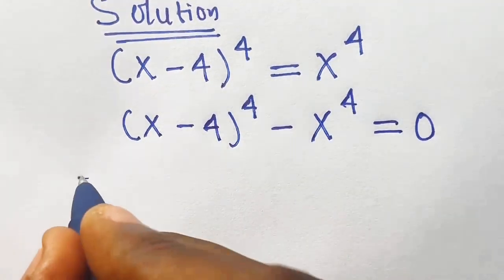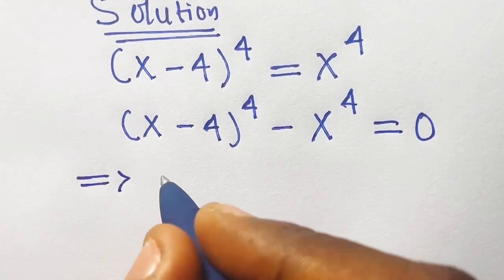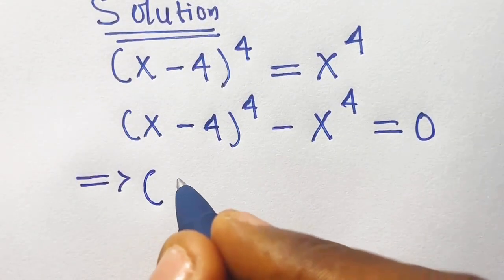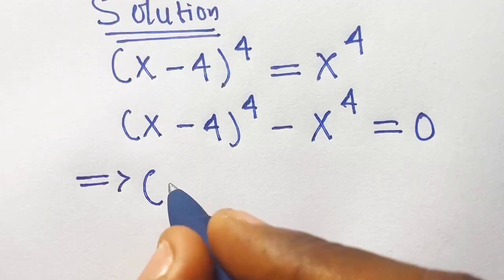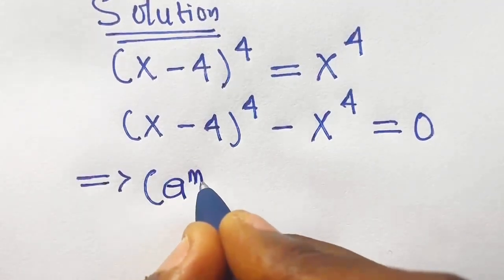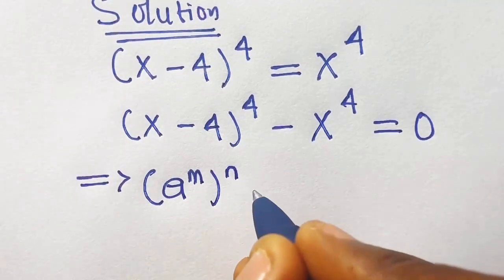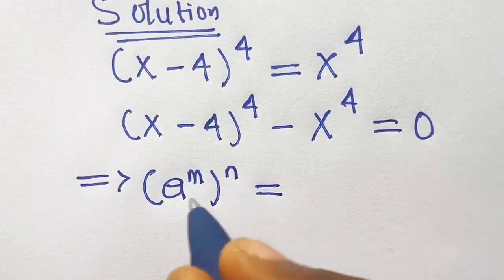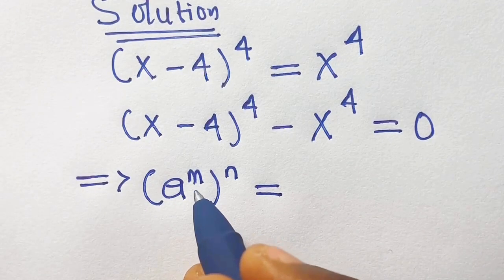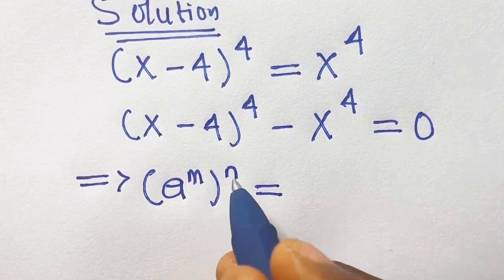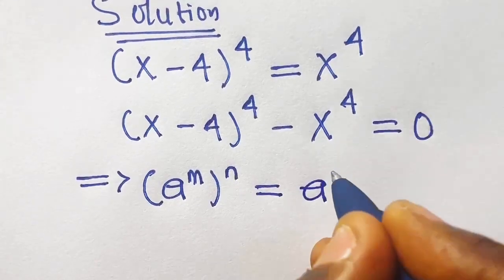From the product power law of indices, if you have a to the power m, raised to the power n, one number raised to a certain power is again raised to another power, the powers are multiplied. So we have a to the power mn.